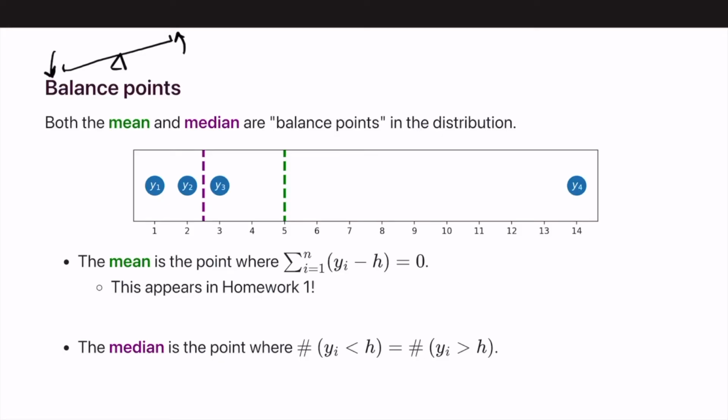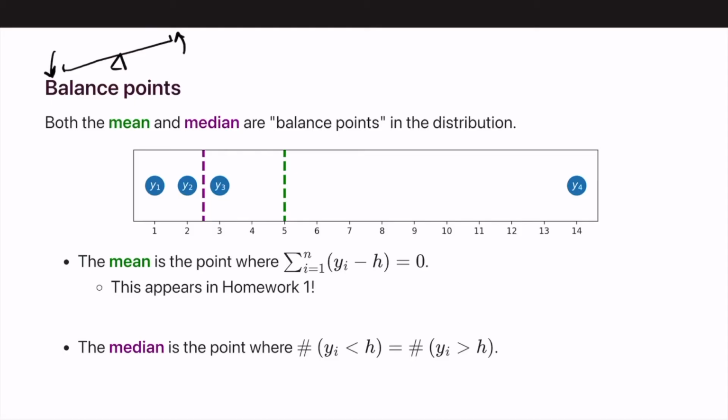It's about where the balance point is, and the mean and median both work in different ways to act as balance points. So the median, for example, winds up being tremendously easy because it's just the number of points that are below and the number of points that are above, and you're equating them.